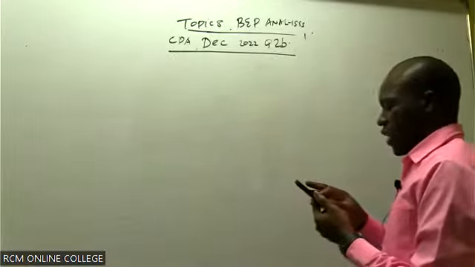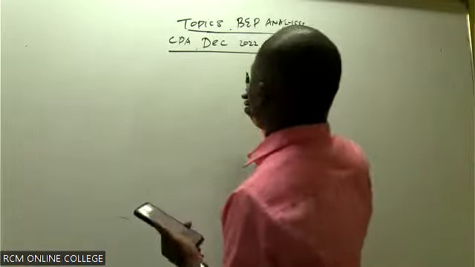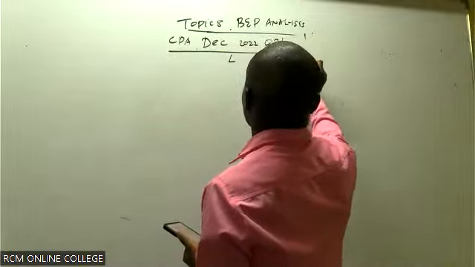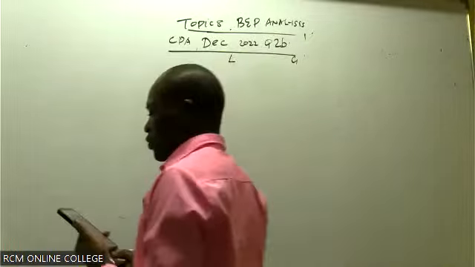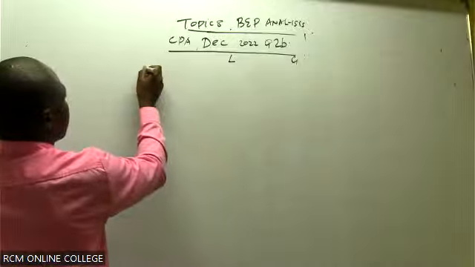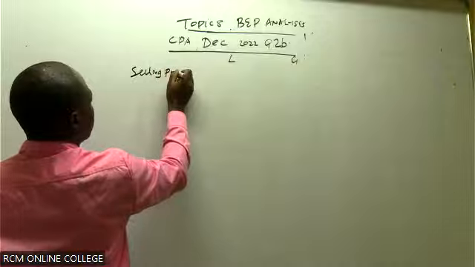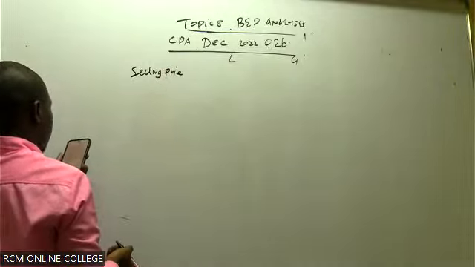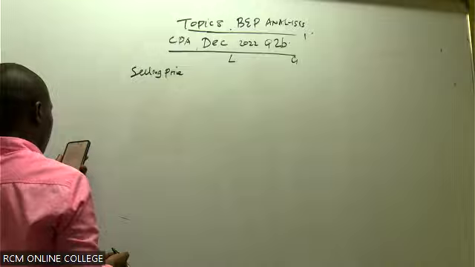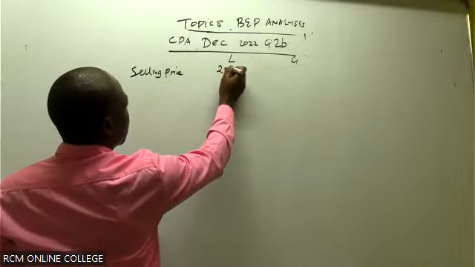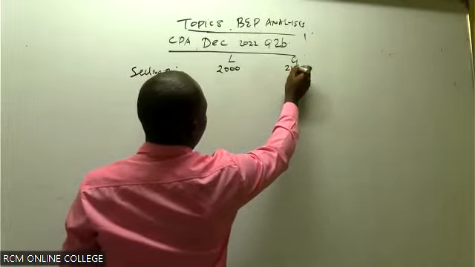So let's now go ahead and look at the question. We have product L, we have product G. What do we need to start with? Selling price. Tumepewa selling price? Yes, selling price given there, 2,100.